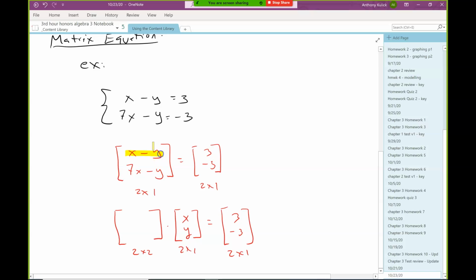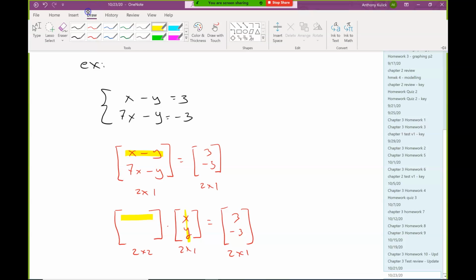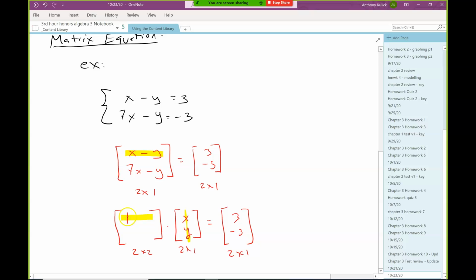Look at the entry x minus y. I would have gotten that by multiplying this row to xy, correct? So that tells me then the x would have been multiplied by 1 and the y by negative 1. Is that okay with you guys?